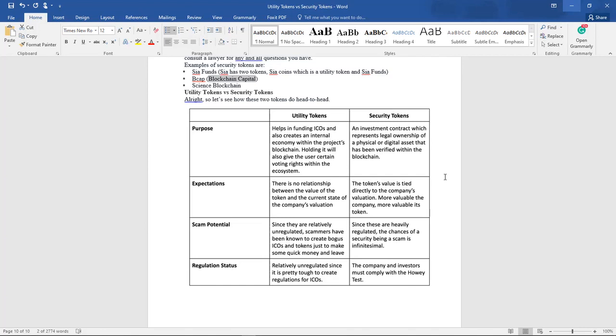Then we have scam potential. Since they are relatively unregulated, there are a lot of scammers, and we have actually experienced this. Somebody actually phished our site a while back, and the scammers are very dangerous and very daring.